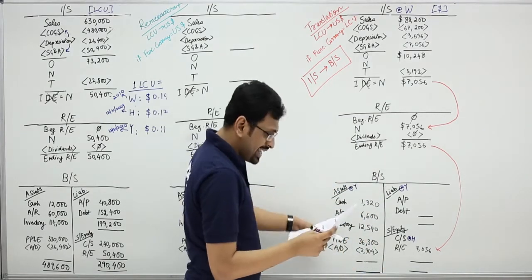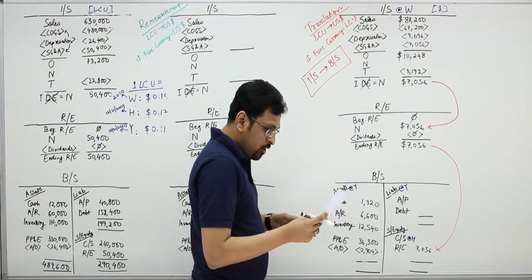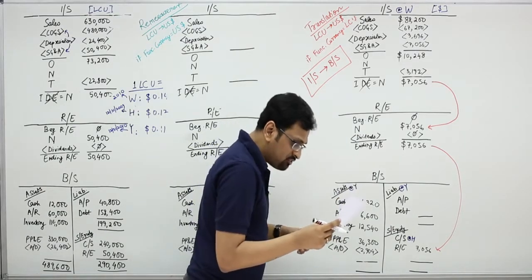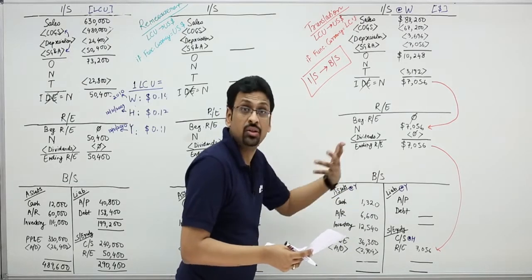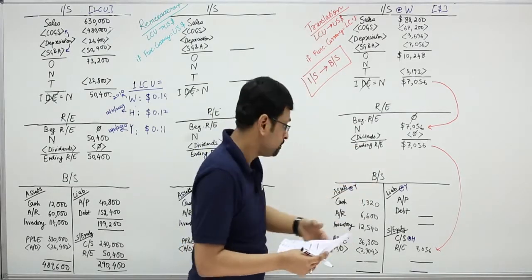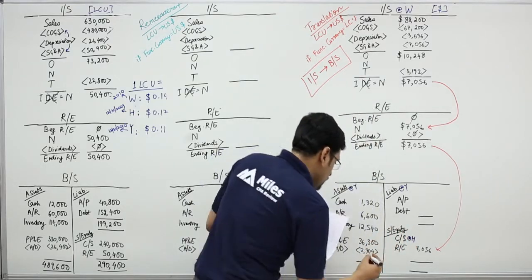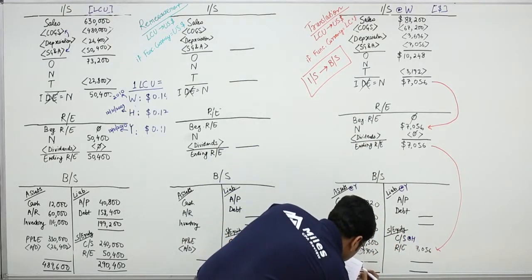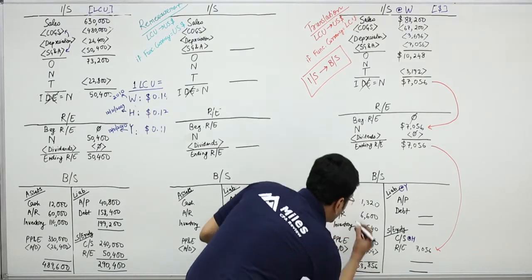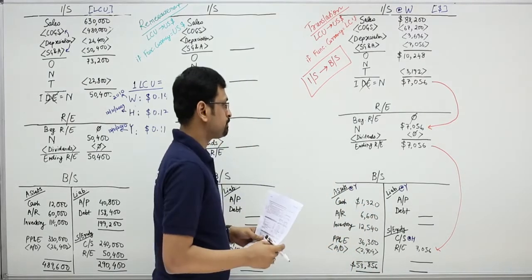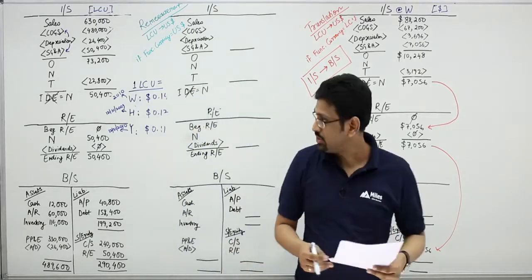So all the assets in total are $53,856 on this translated balance sheet. Guys, we're doing translation here. So this number here is 53,856. We're looking at dollars and dollars here. Now looking at liabilities.